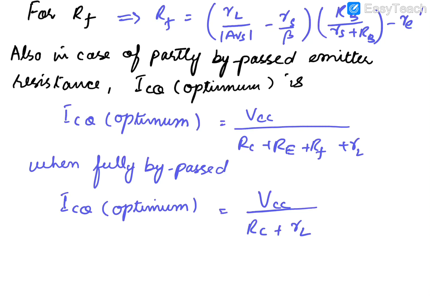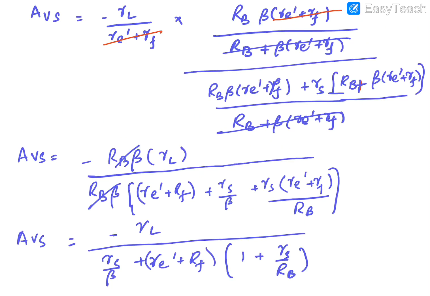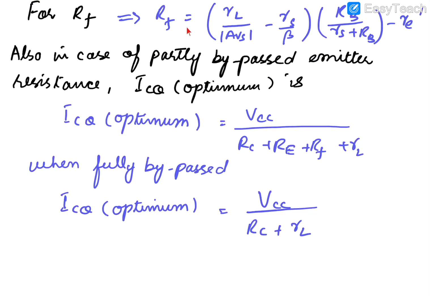From this formula we can find the value of Rf as given. So in this case the optimum collector current for maximum swing of AC voltage is equal to VCC divided by RC plus RE plus RF plus small rl.